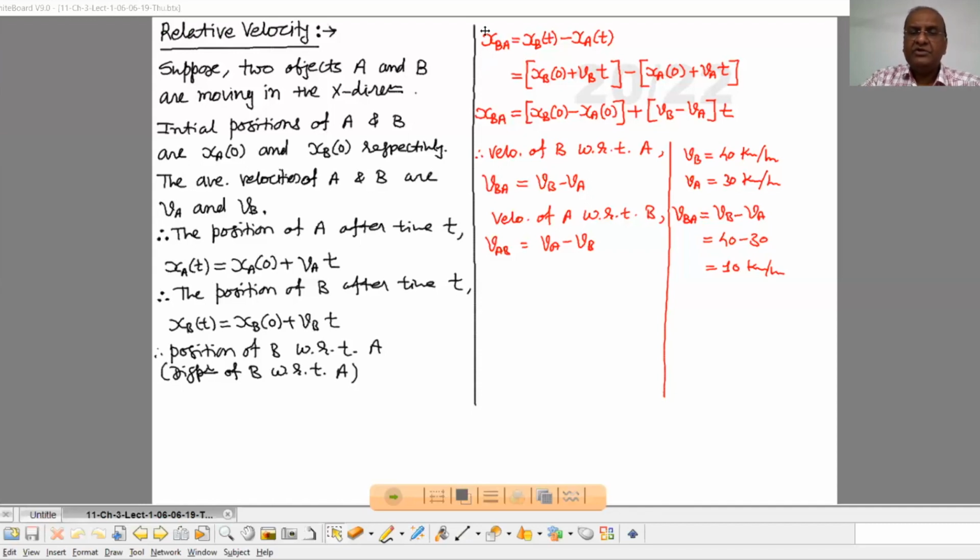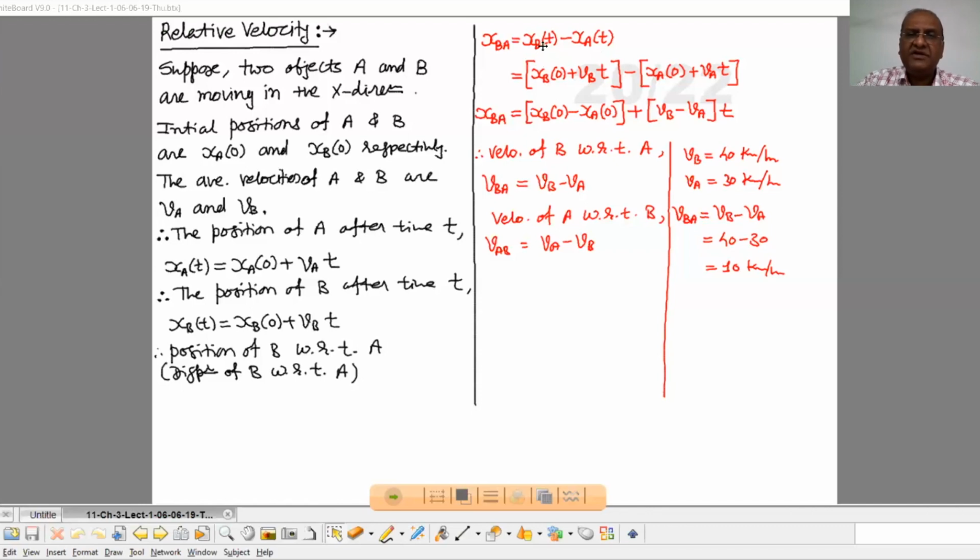Symbolically it is written as x with suffix BA, read as the position of B with respect to A. So that is xb minus xa. These are the positions at time t.